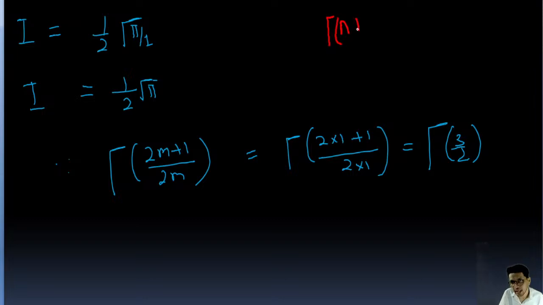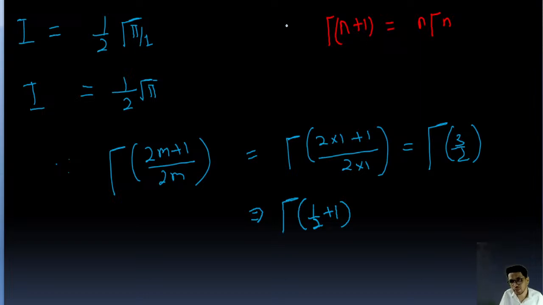Gamma n plus 1 is going to be n gamma n. So here we'll use the same thing. This implies gamma 3 by 2 we can write as gamma of 1 by 2 plus 1, since 1 by 2 plus 1 is 3 by 2.